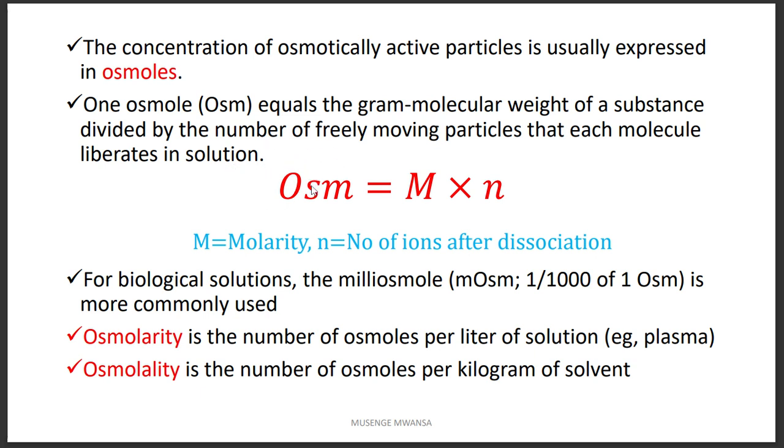I can express that as osmo equals molarity times N. This N is the number of freely moving particles that each molecule is able to liberate in solution. Gram molecular weight is simply the weight of a substance.